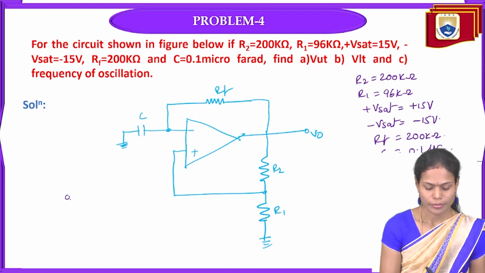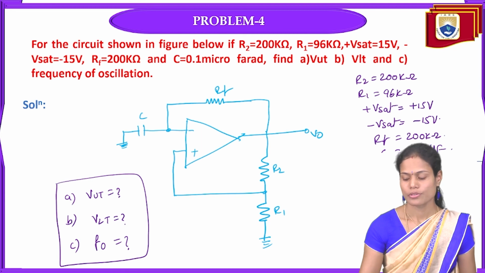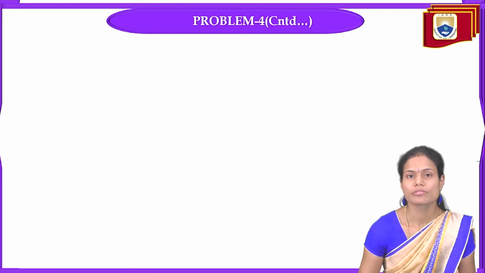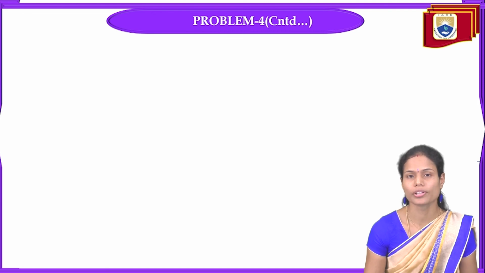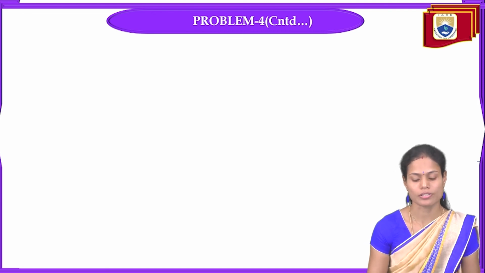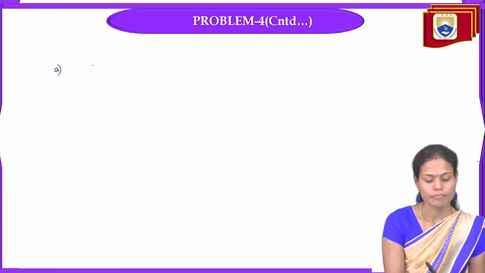So we need to find VUT, VLT, and the frequency of oscillation. For this purpose, we need to know the formulas for upper threshold voltage, lower threshold voltage as well as frequency of oscillation. Coming to the first bit in the problem, that is the upper threshold voltage.